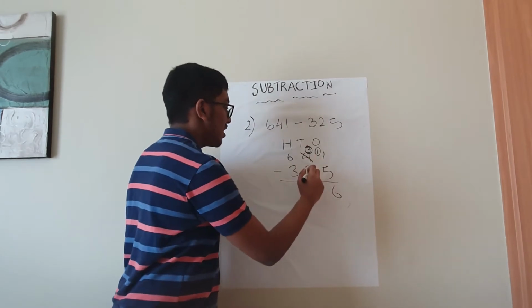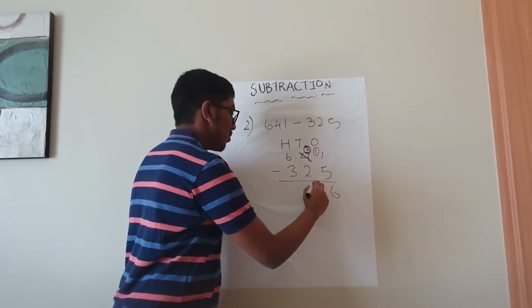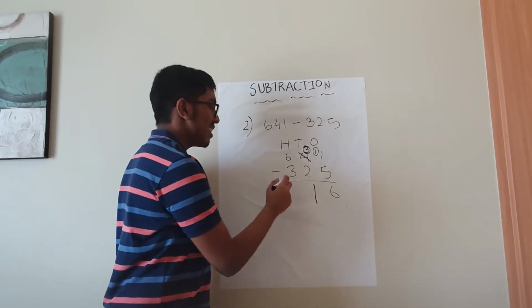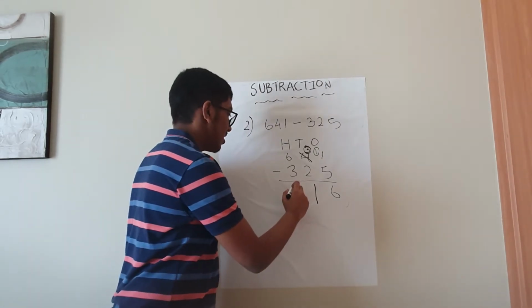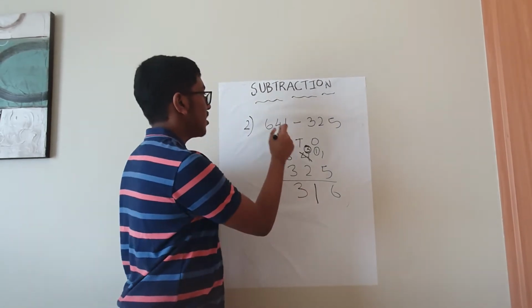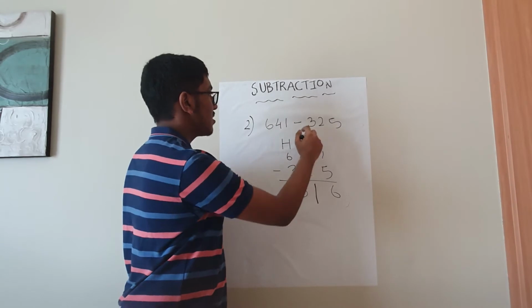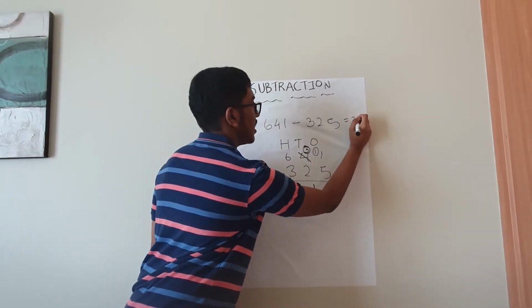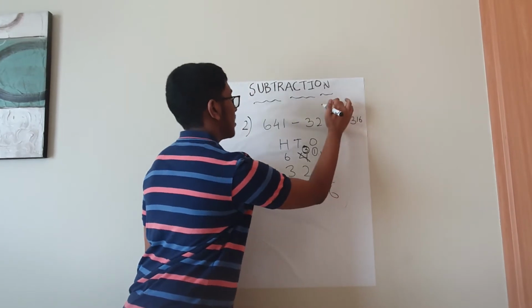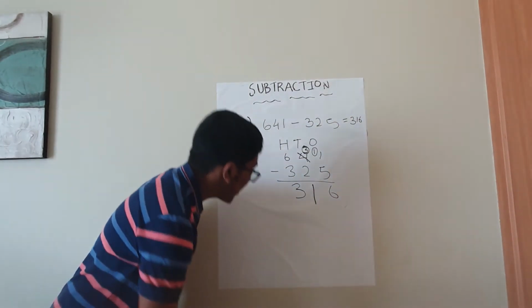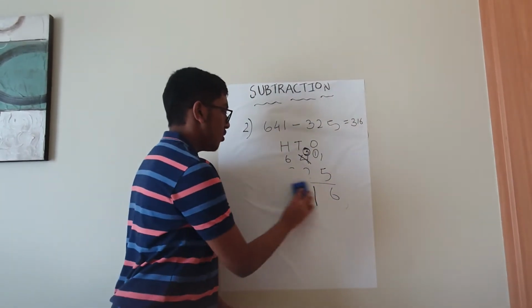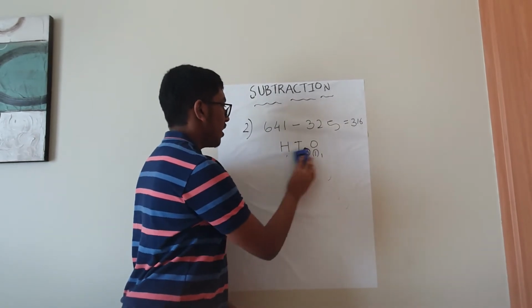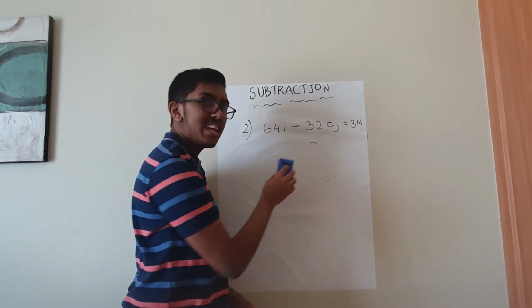What is 3 minus 2? It is 1. And what is 6 minus 3? It is 3. So 641 minus 325 is equal to 316.